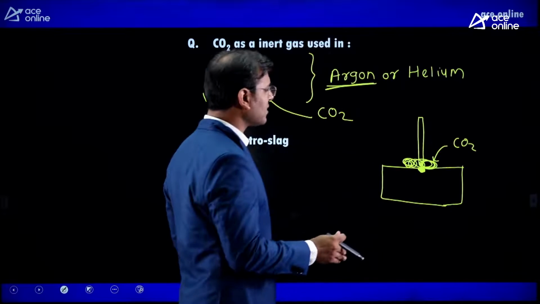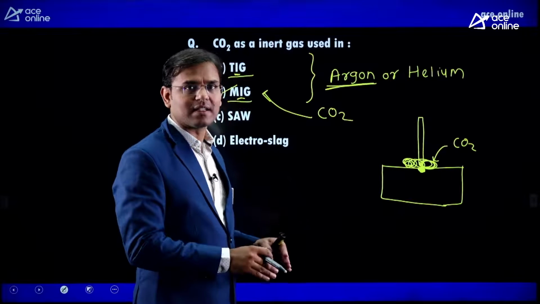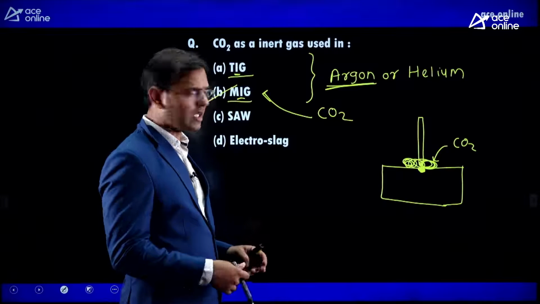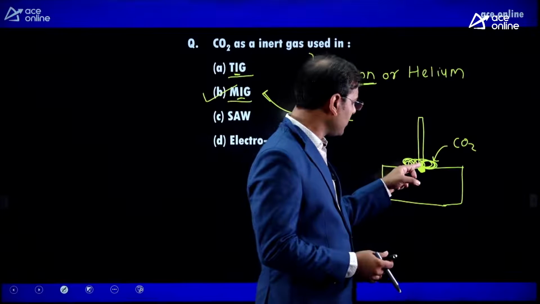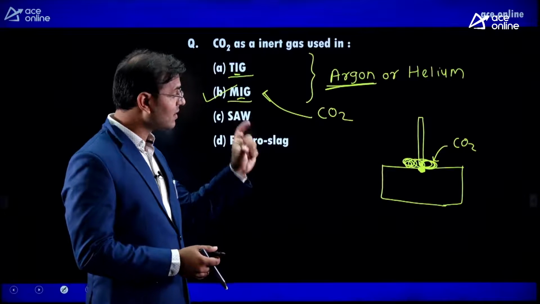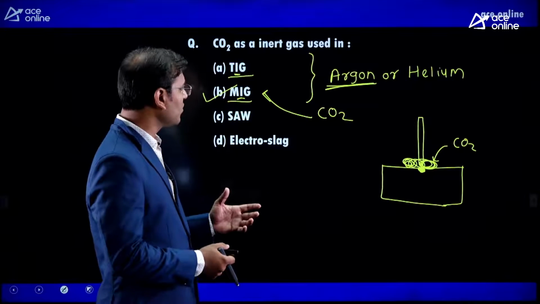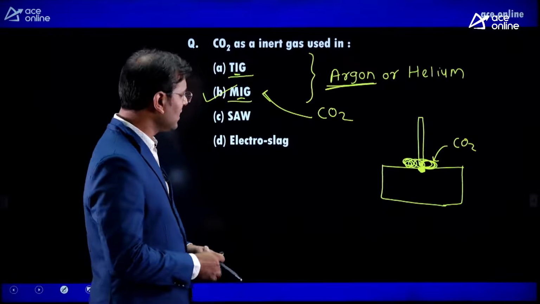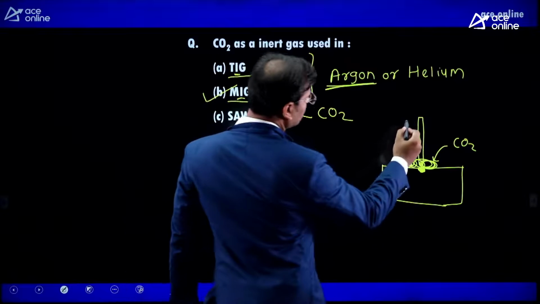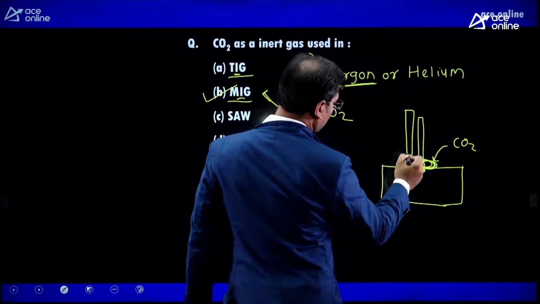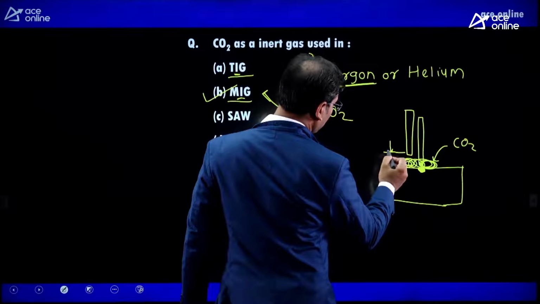CO2 is a heavy gas, therefore it settles down, and in MIG short circuiting metal transfer, the distance between the tip of the tool and the workpiece is very small. If the distance is very big, then we cannot use carbon dioxide. The distance is big in the TIG method. In the TIG method you can see the electrode will be up to here, so the arc length is more in TIG.